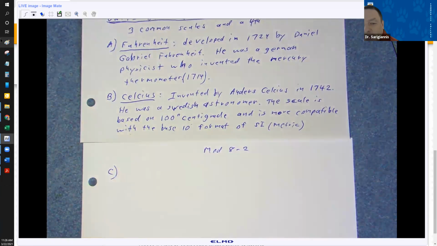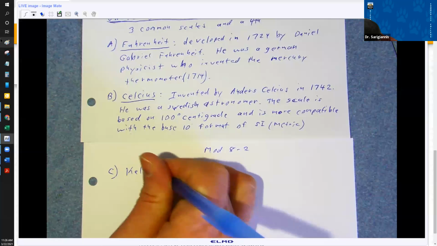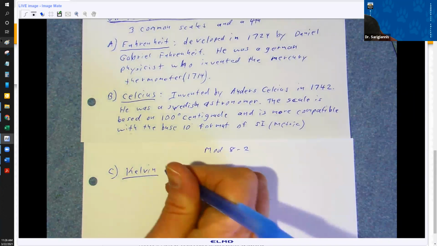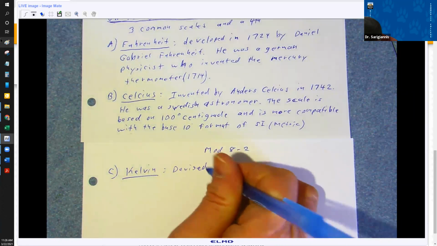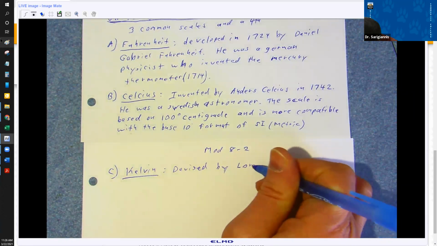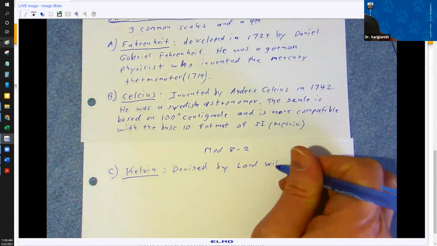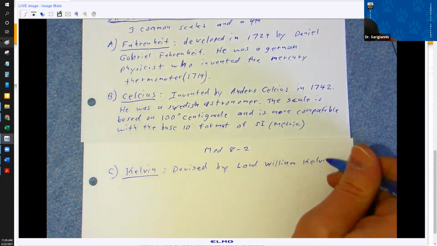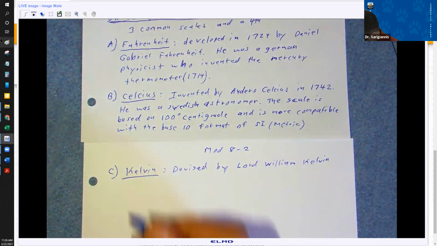The third scale is Kelvin. And this was devised by Lord William Kelvin in 1854.